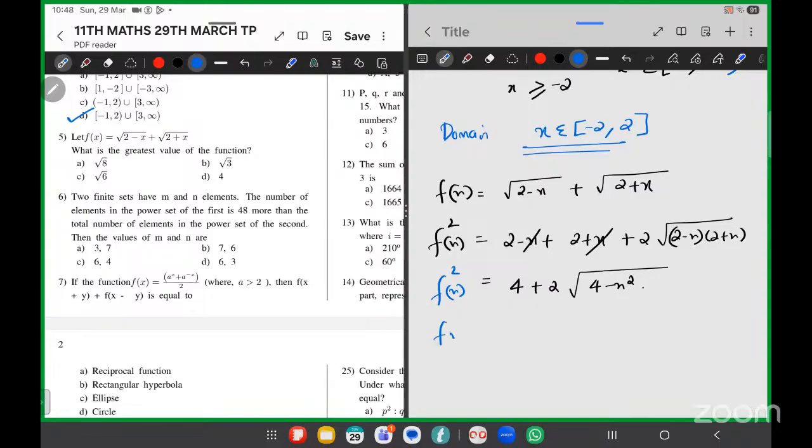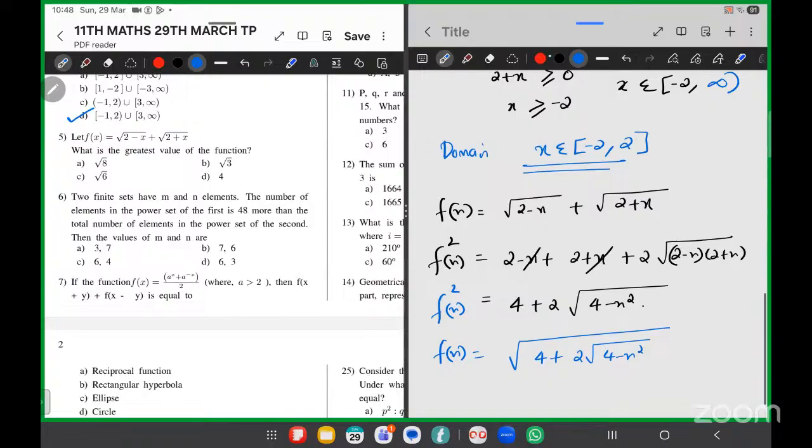So f of x, I can write it as under root of 4 plus 2 into under root of 4 minus x square. The value of x is between minus 2 to plus 2, so x square will always be between 0 to plus 4.